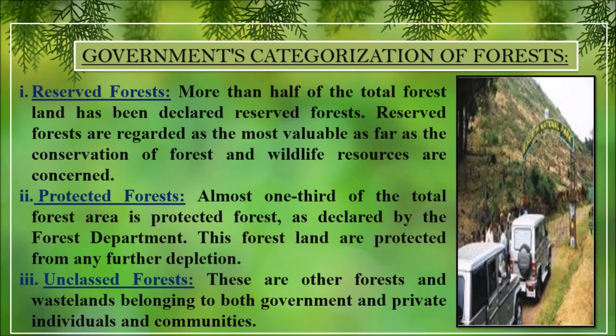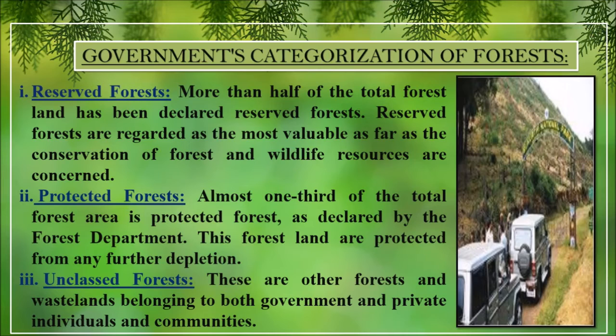Now, classifying the forest areas, forests can be classified broadly into three categories, that is reserved, protected and what other thing? Unclassed. So, both reserved and protected forests are part of permanent forest estates.